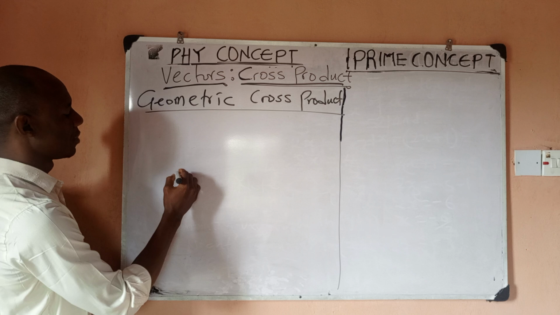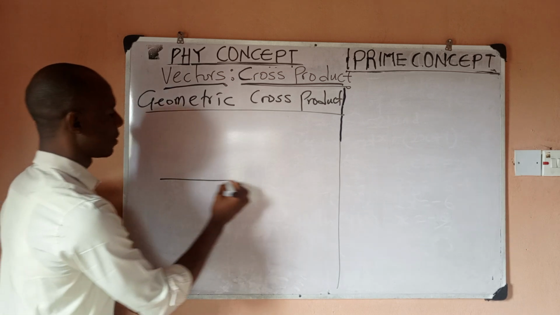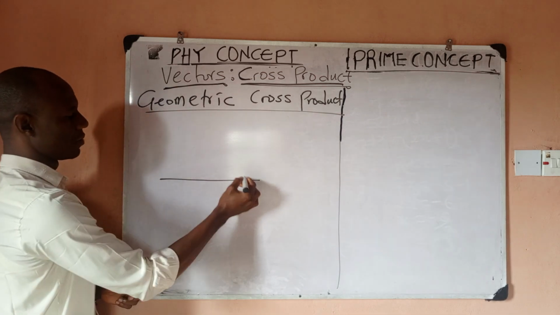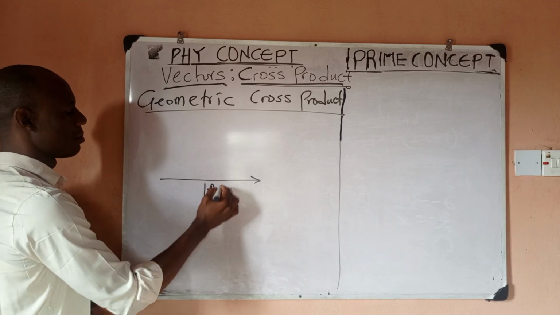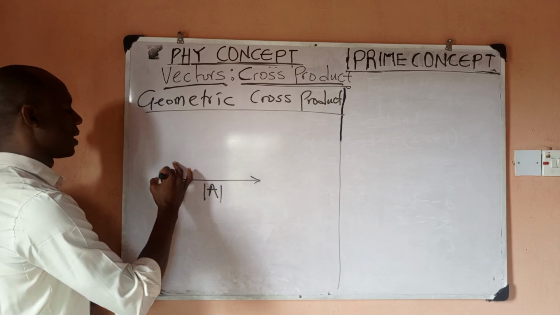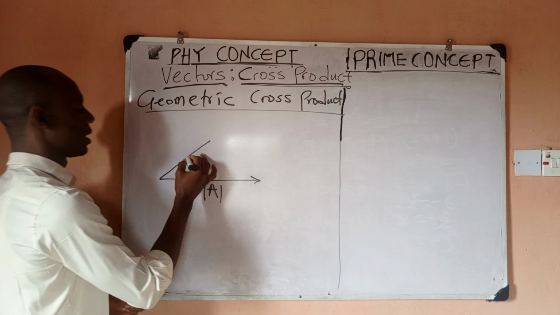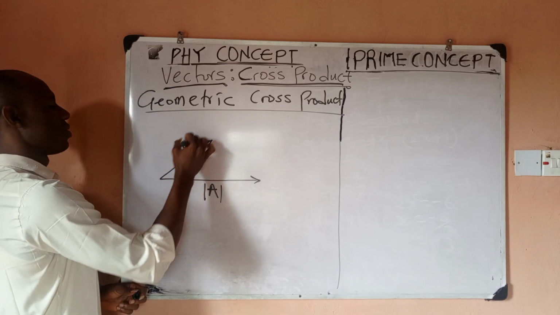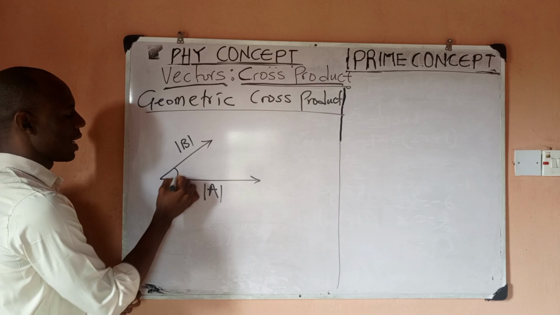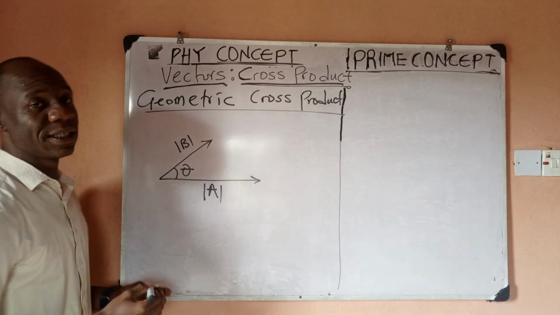Say we have a vector A like this. This is vector A, and this is the magnitude of vector A. And then say we have vector B like this. This is vector B, and this is the magnitude of vector B. And the angle between A and B is theta.